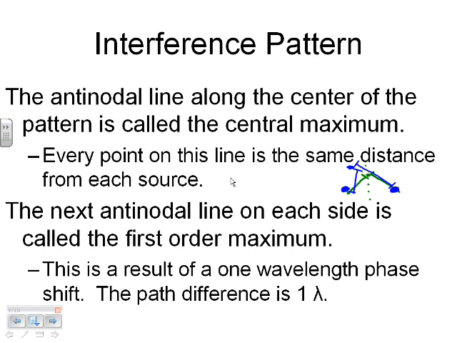So if this was a distance that we'll call d, then this would be d plus the wavelength. So the path difference will be a whole wavelength, one more wavelength from the further one than from the closer one.